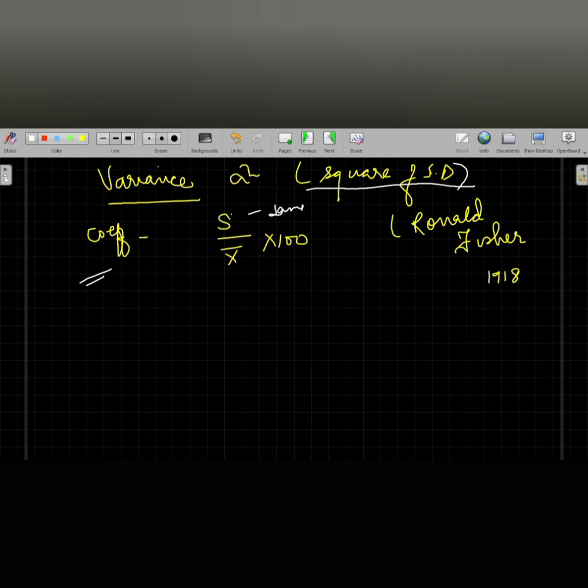Sample standard deviation. Clear? Variance was introduced by Ronald Fisher in 1918. I hope everything is clear: what is mean deviation, what is standard deviation, and what is variance.